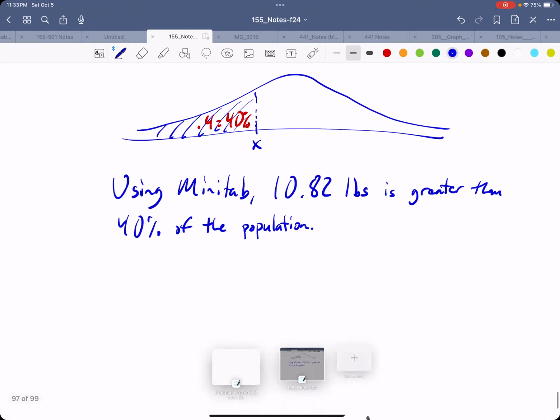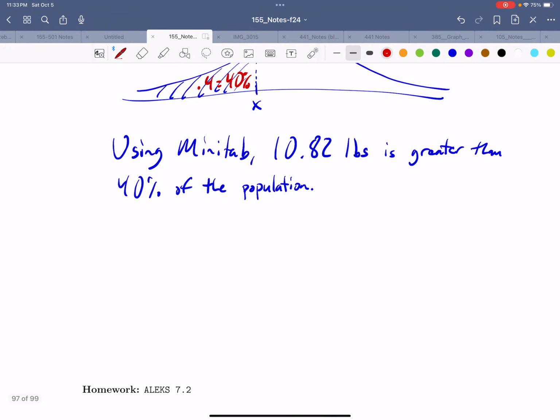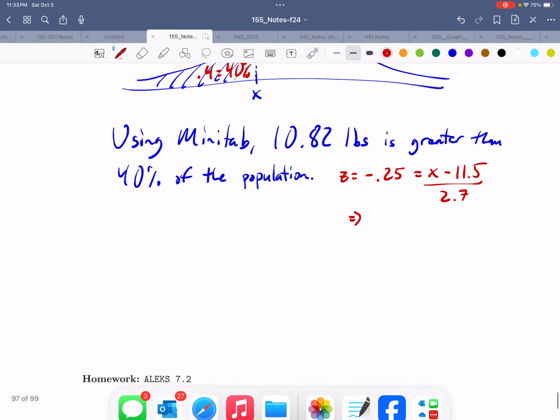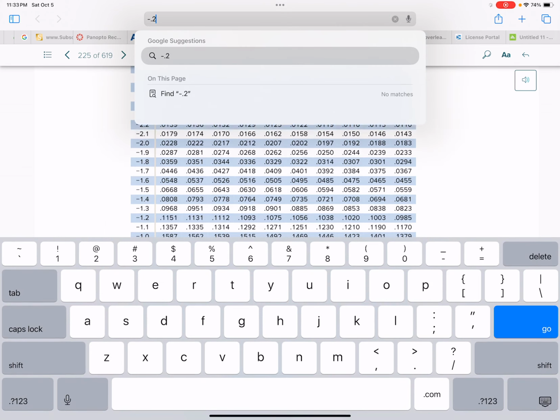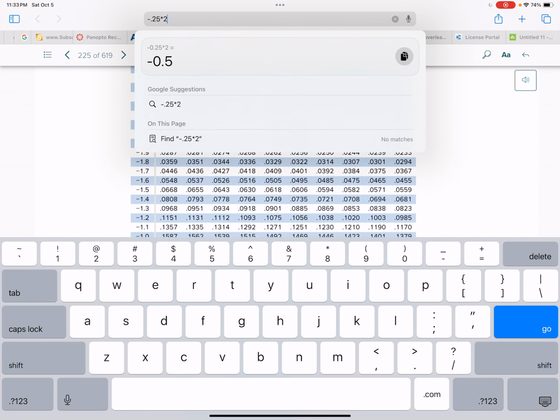And you'd say, okay, z equals negative 0.25 equals x minus our mean over our standard deviation. Just do a little bit of math right there. And this implies that negative 0.25 times 2.7, and then we're going to add 11.5.